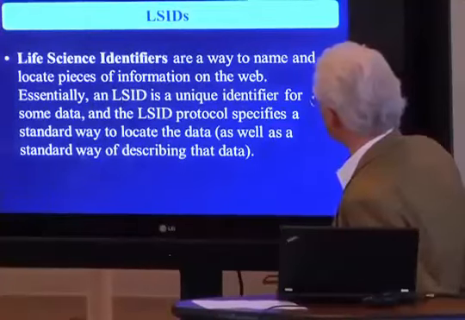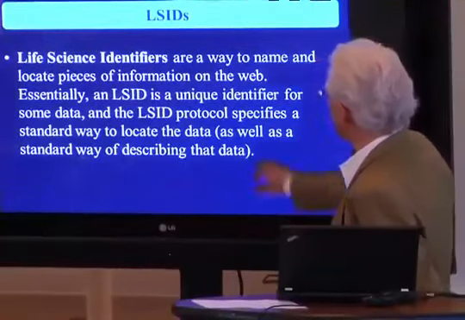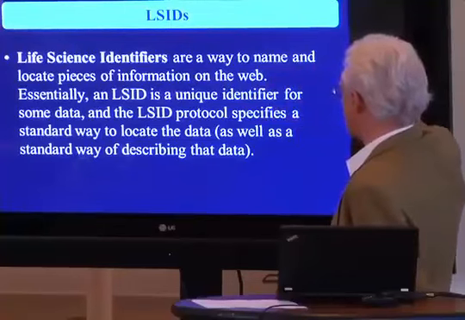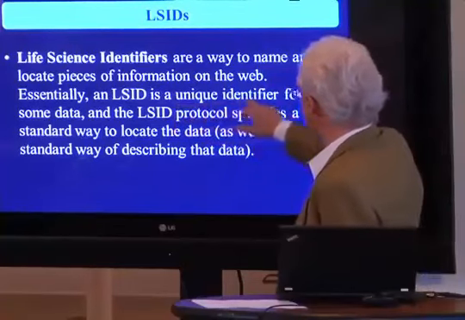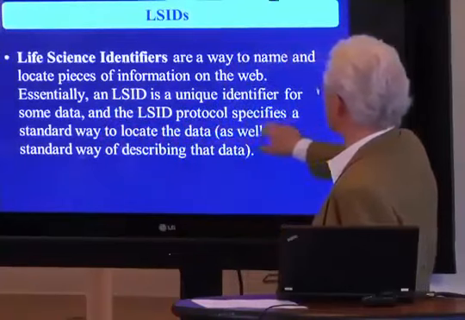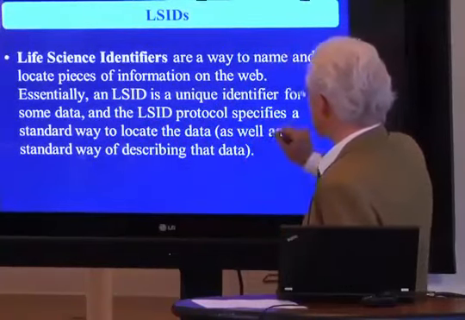And the mission statement goes something like this. Life science identifiers are a way to name and locate pieces of information on the web. Essentially, an LSID is a unique identifier for some data, and the LSID protocol specifies a standard way to locate the data.